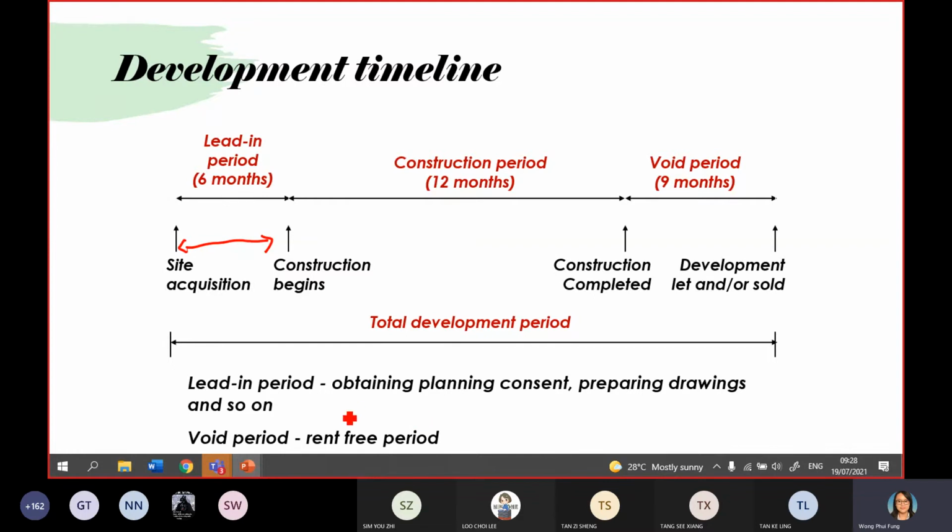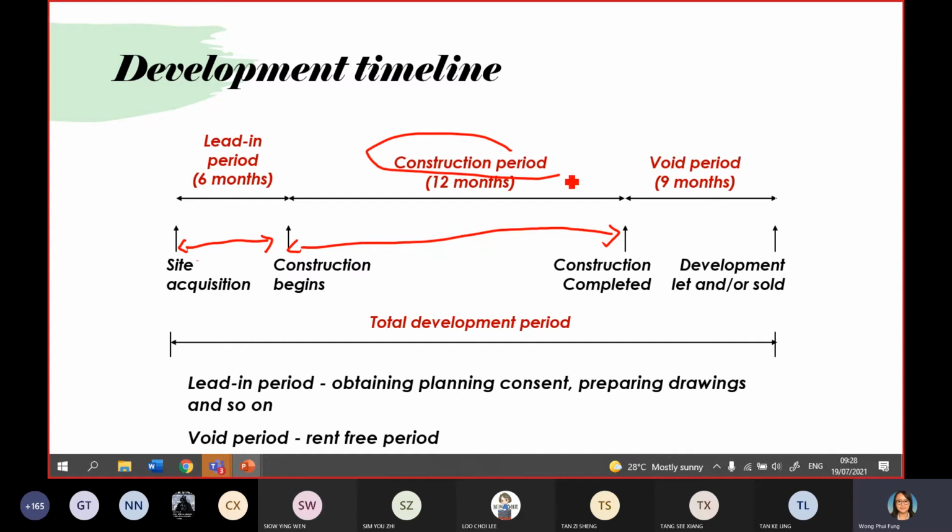So basically, to get planning permission, to negotiate with the landowner, and to buy the piece of land. When everything is settled already, you will kickstart your construction period. So this is the second one, and this is the first one.